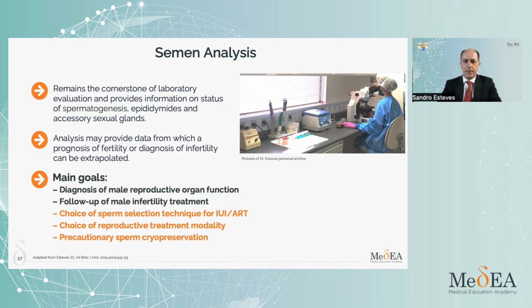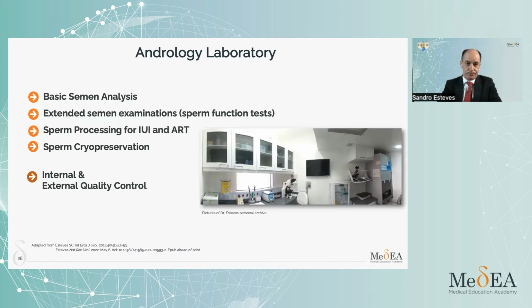The results of semen analysis also help in choosing sperm selection techniques for IUI, IVF, and ICSI, selecting the most optimal assisted conception modality, and certain decisions in the ART units, like the need for precautionary cryopreservation.